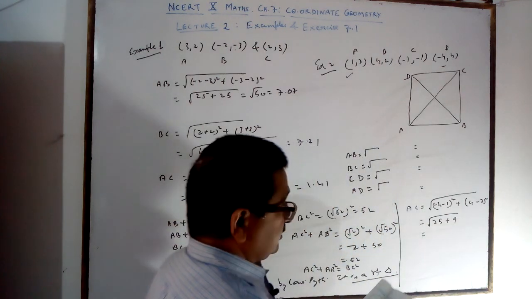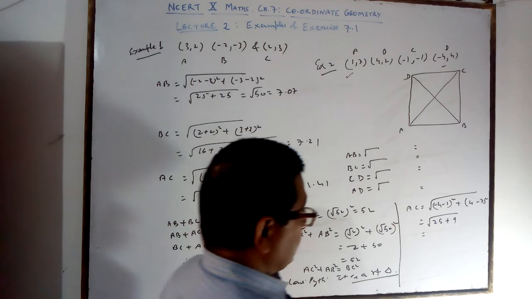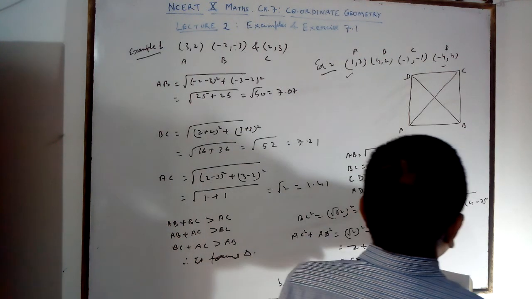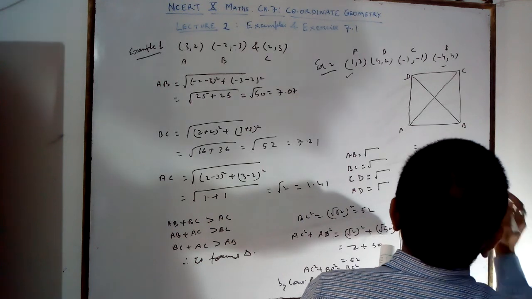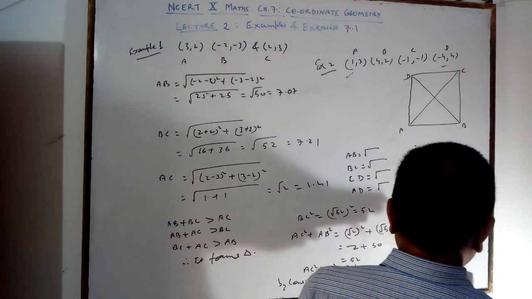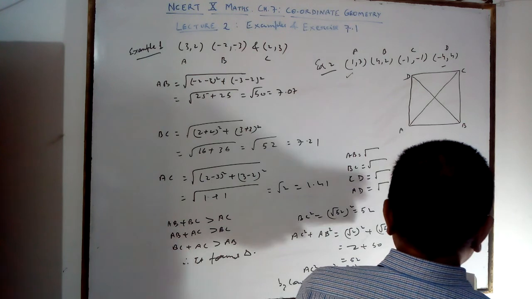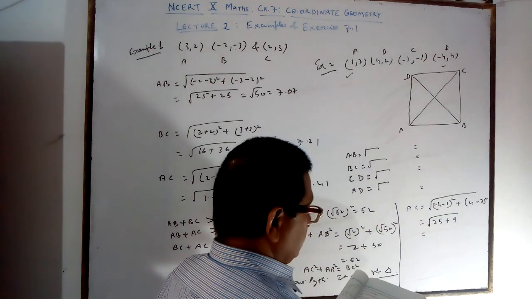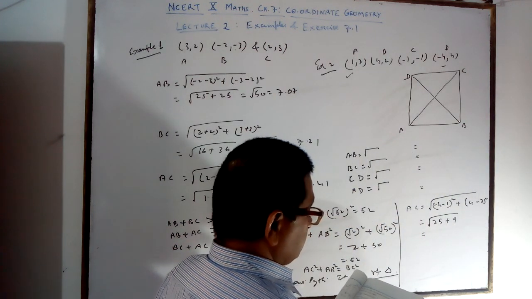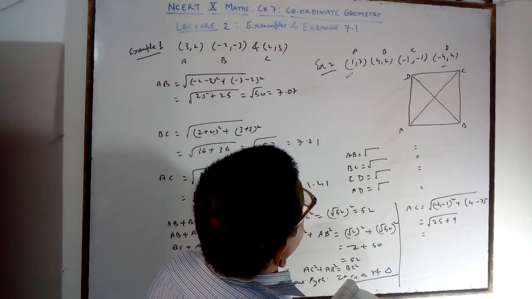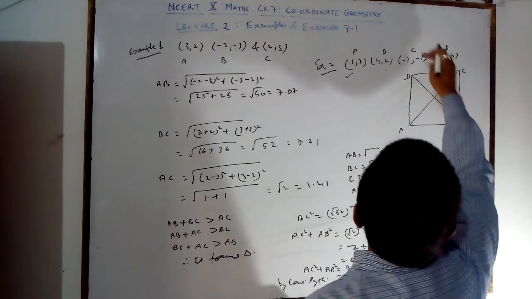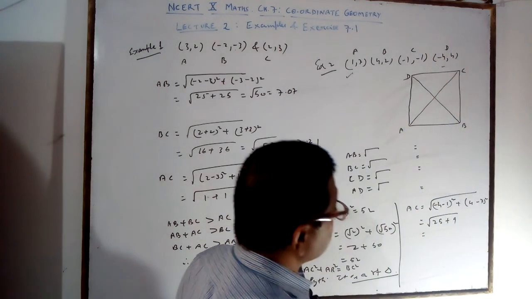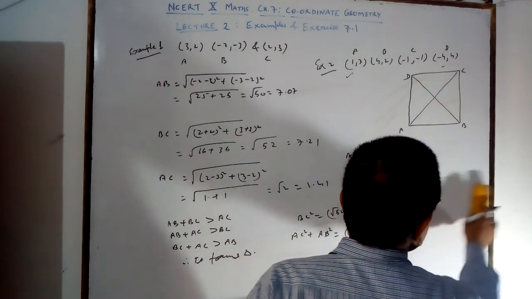Then A, B, C, D, AC and BD. Here it is the AC. I have given it wrong. So what will you get? AC you find out.